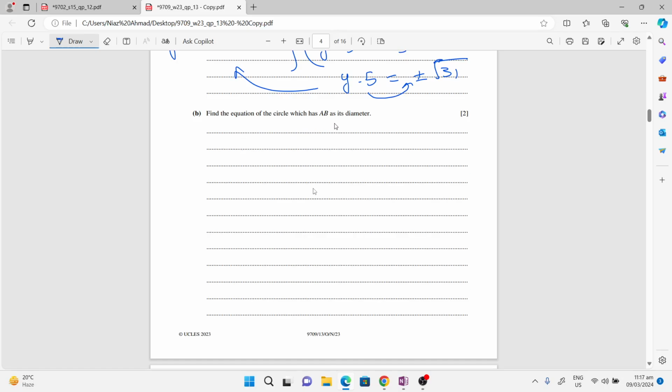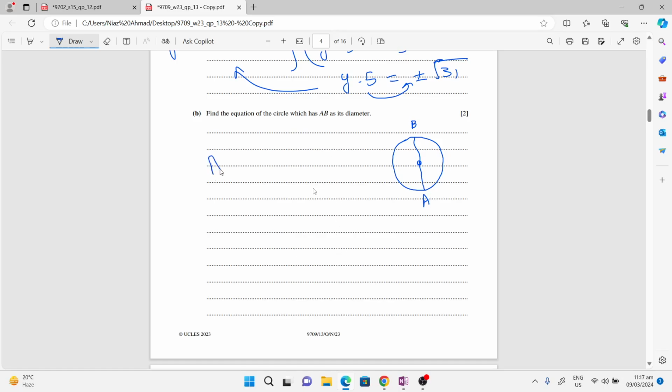Find the equation of the circle which has AB as its diameter. So if you have a circle like this and AB as a diameter like this, this is A and this is B and this is the center of the circle. So you have 2 points.